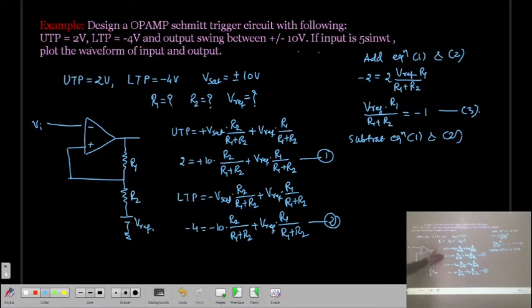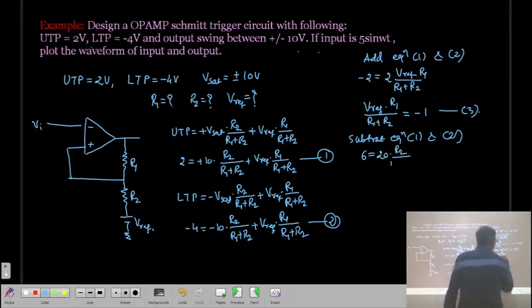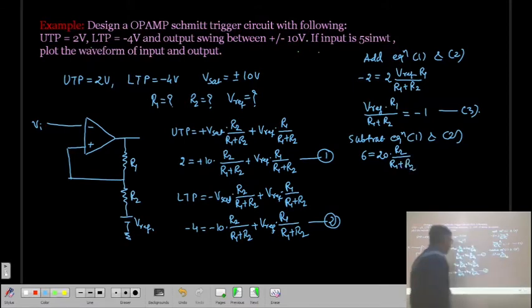So here 2 minus minus 4, that will be a 6, and here plus 10 and minus minus 10 will be a 20 into R2 divided by R1 plus R2, and the second term will be cancelled out because of the subtraction.